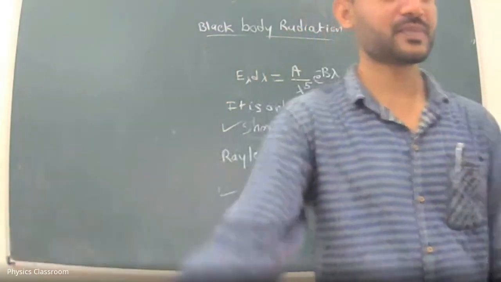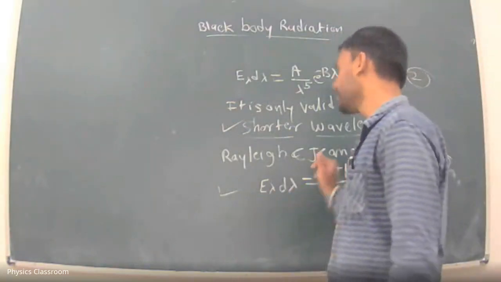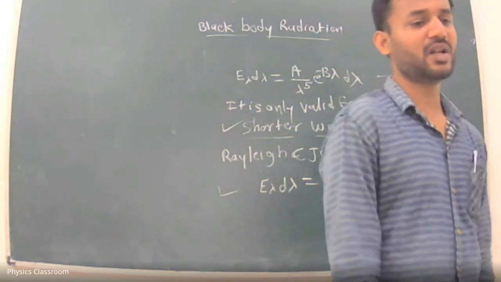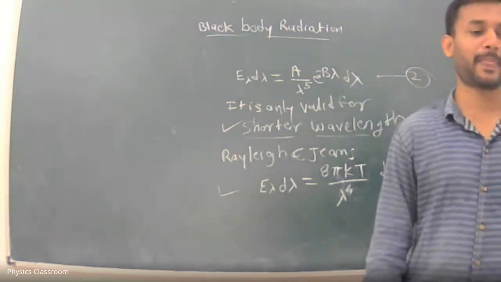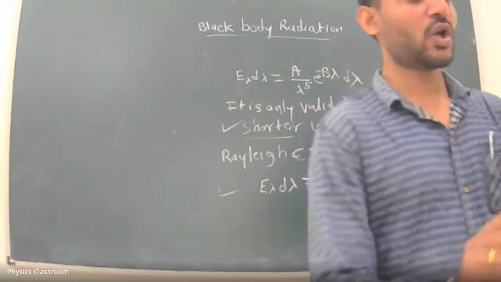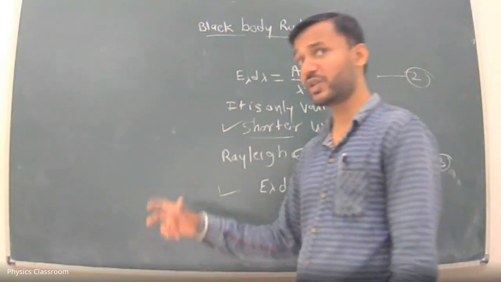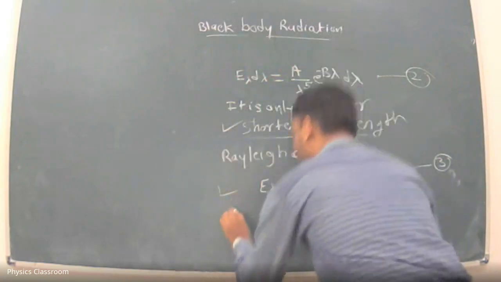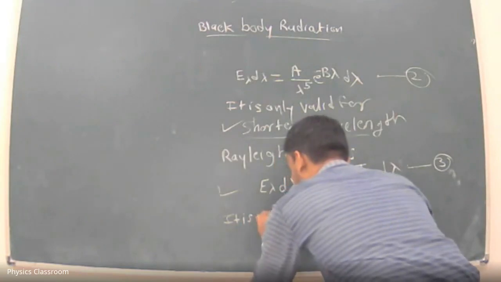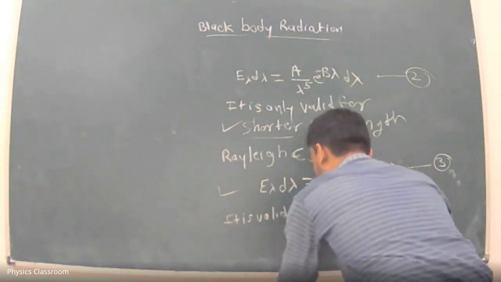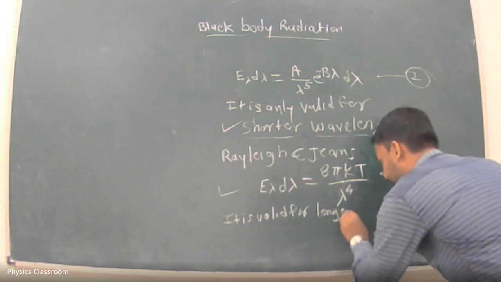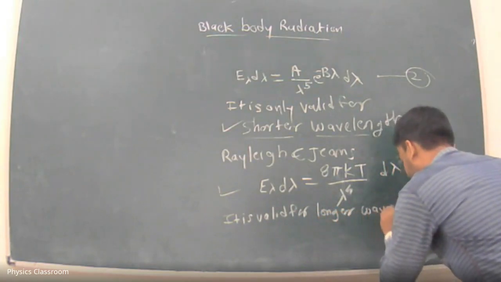And this k is the Boltzmann constant. This law is only valid for the longer wavelength, but it fails to explain the shorter wavelength.